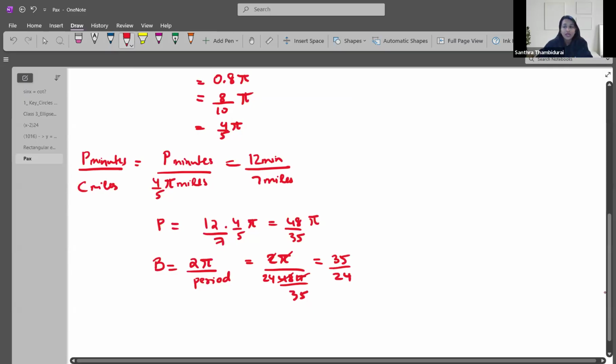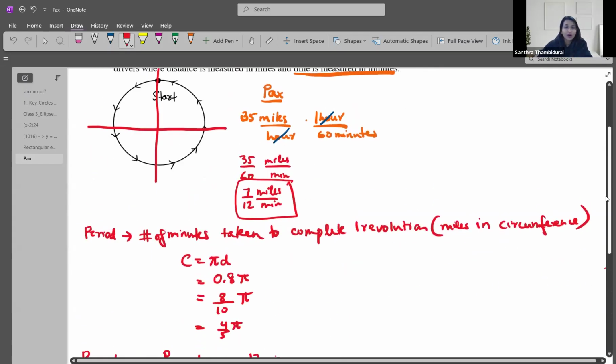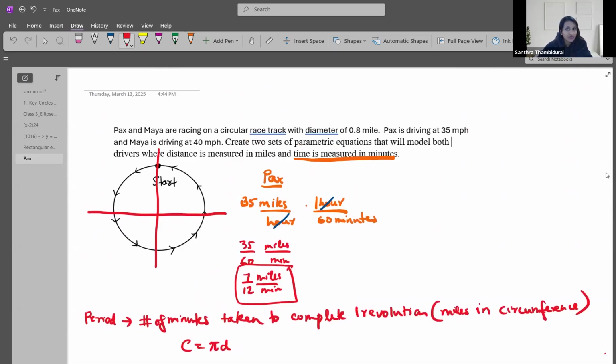Now you need to figure out your sine and cosine functions for x and y. If you're looking at your x and y coordinates here, the diameter is 0.8, which means the radius is 0.4, correct? This is 0.4, this is 0.4, and so forth. So the starting point is really 0, 0.4.